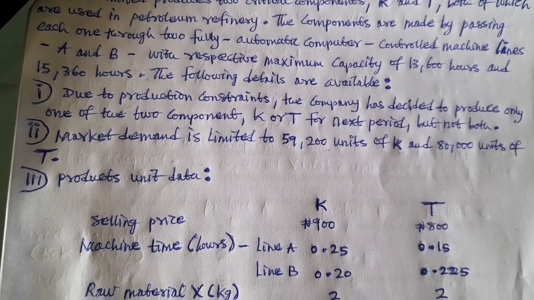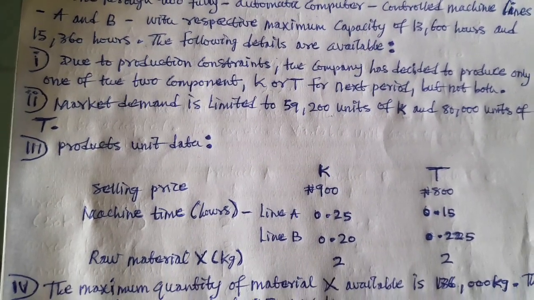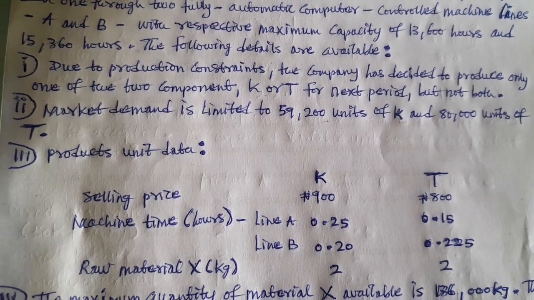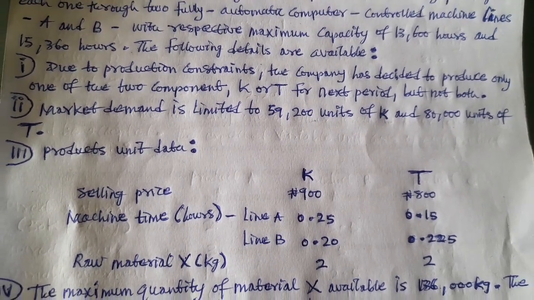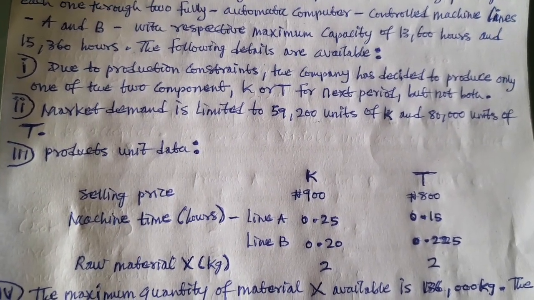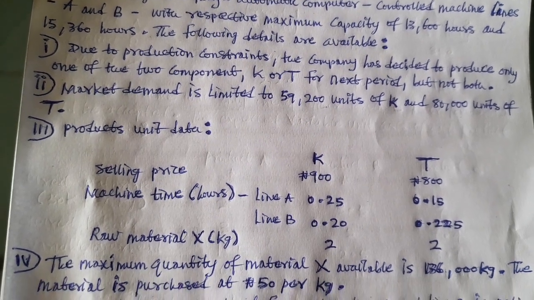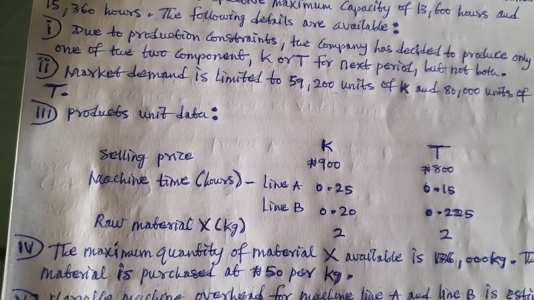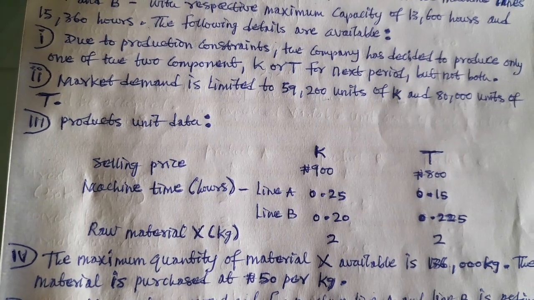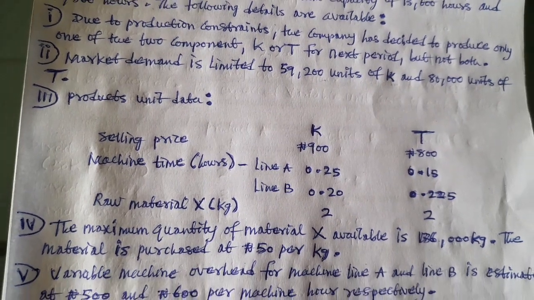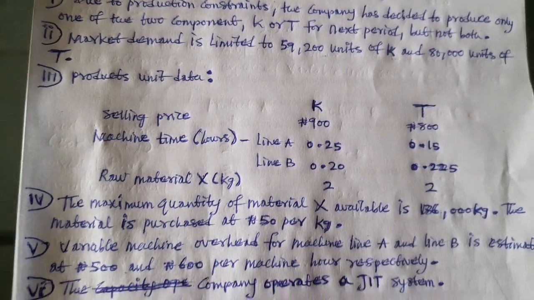The following details are available. 1. Due to production constraints, the company has decided to produce only one of the two components, K or T, for next period, but not both. 2. Market demand is limited to 59,200 units of K and 80,000 units of T.